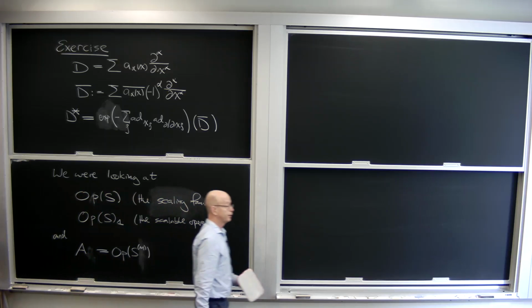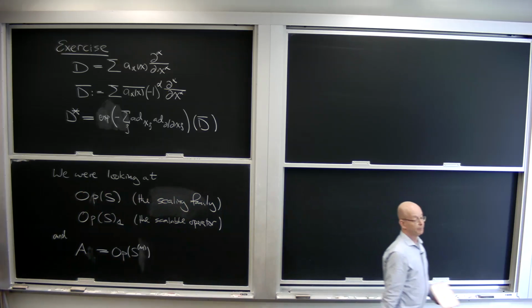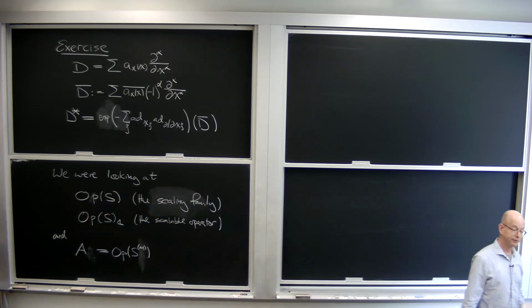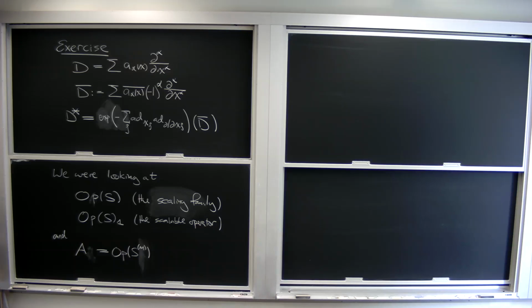Maybe A was an operator of order M, in which case it would have a symbol S of degree M. And now I'm making the M nice and prominent there so you can see it. And then from the symbol, you could build an operator, or indeed a whole scaling family of operators.